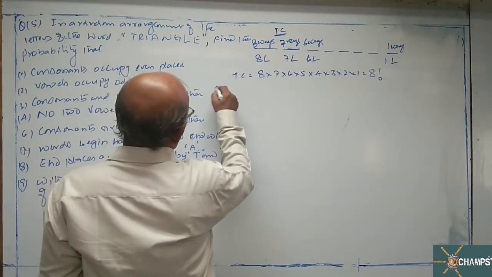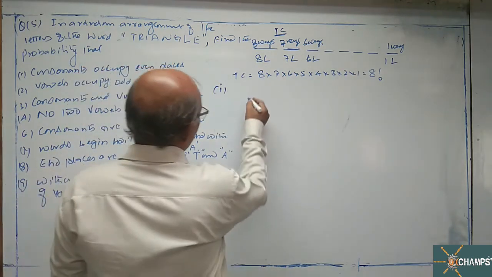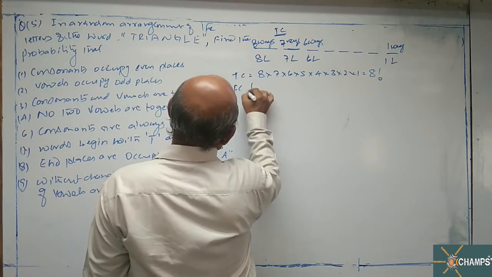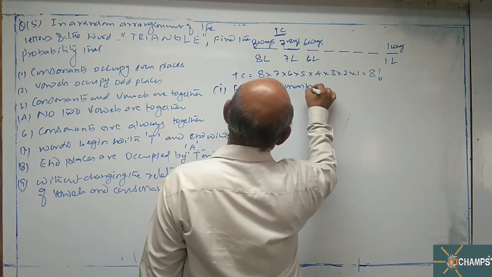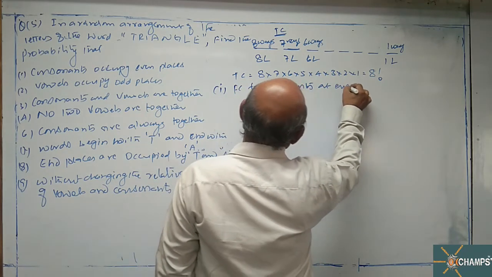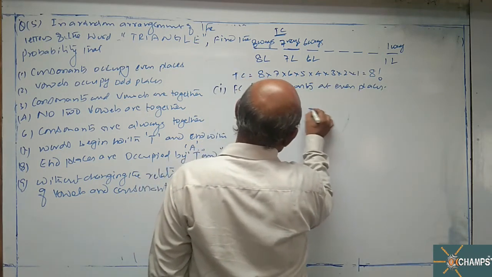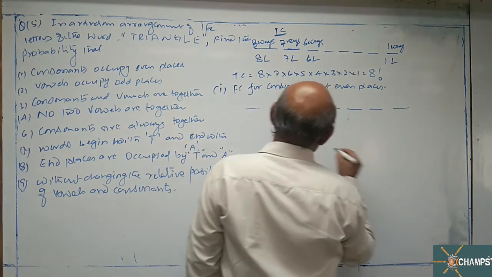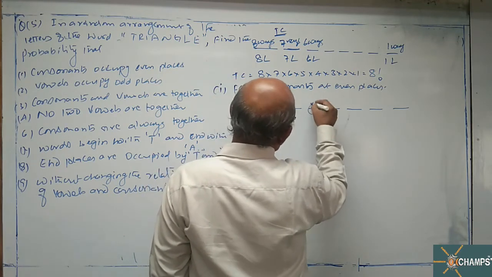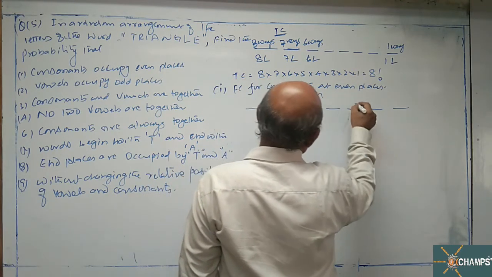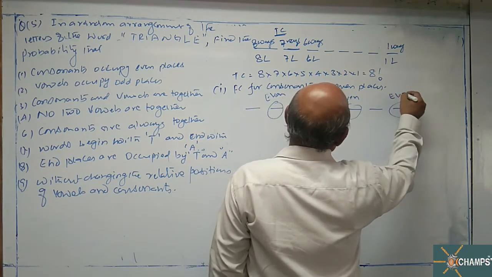Let us see the first question. Consonants occupy even places. Favorable cases for consonants at even places. 1, 2, 3, 4, 5, 6, 7, 8 places. This is even place, this is even place.